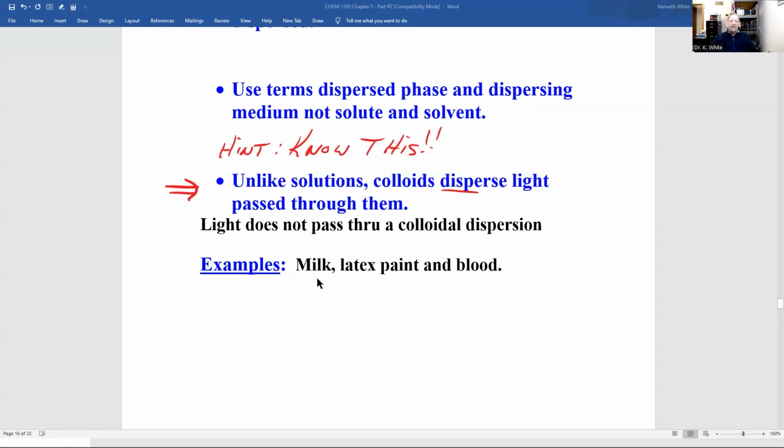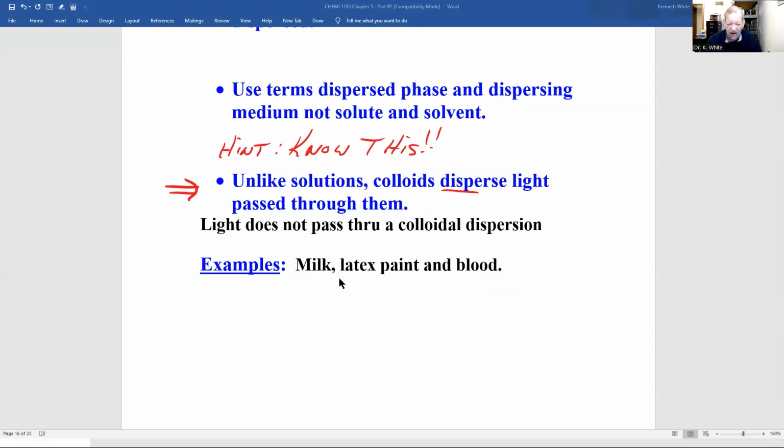examples. Milk is a colloidal dispersion of protein and fat and water. Latex paint is latex in water. And don't try this at home. Your blood is a colloidal dispersion. It's got amino acids and proteins, and now I'm way beyond my level of expertise of blood, and other things in water.